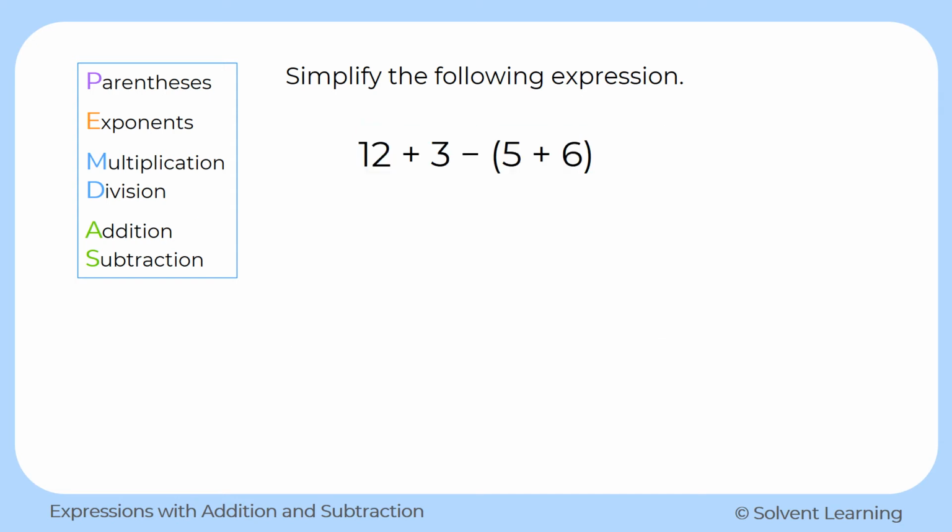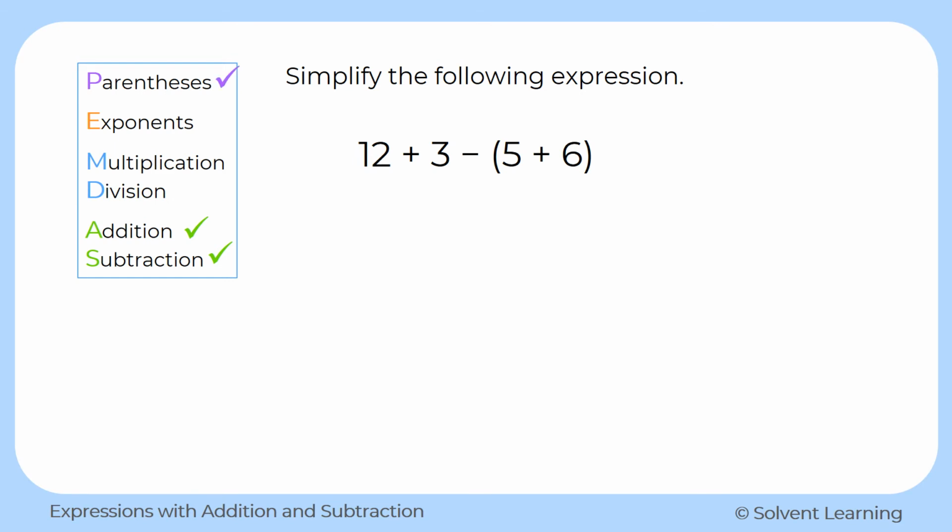Let's look at one more. Okay, we have 12 plus 3 minus, now we have some parentheses. We have 5 plus 6 inside the parentheses. But remember, we have to make sure that we follow the order of operations to know what we should do first. So we do have some addition and subtraction here, okay?